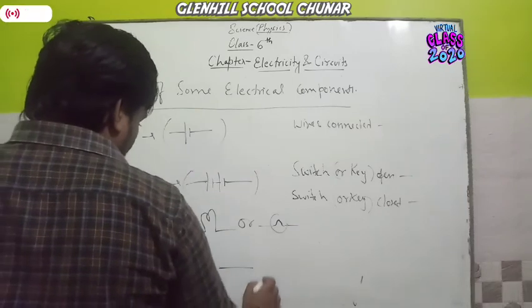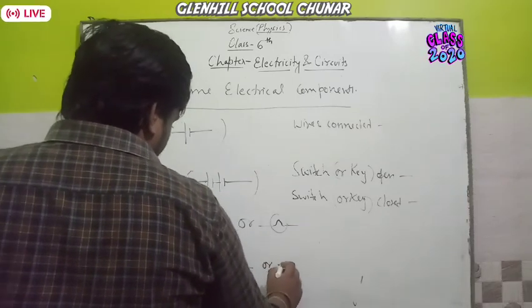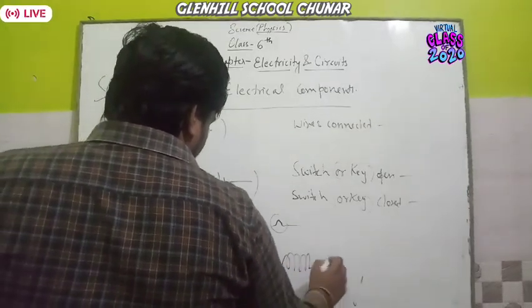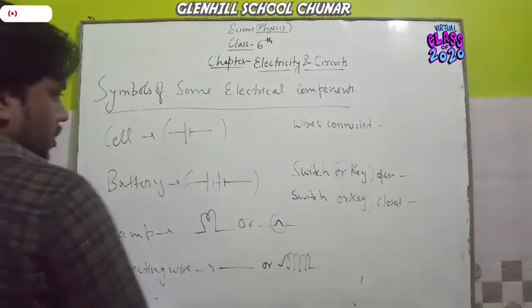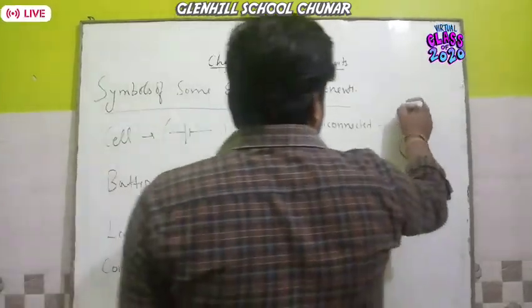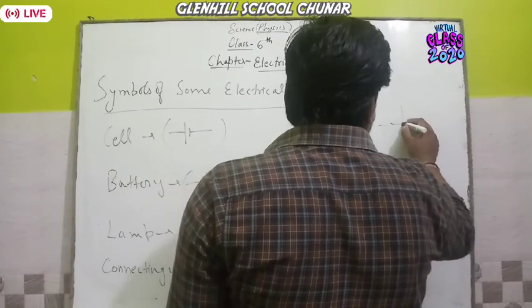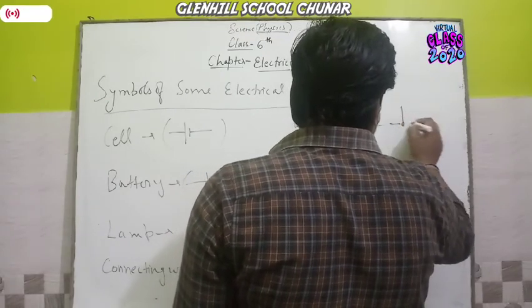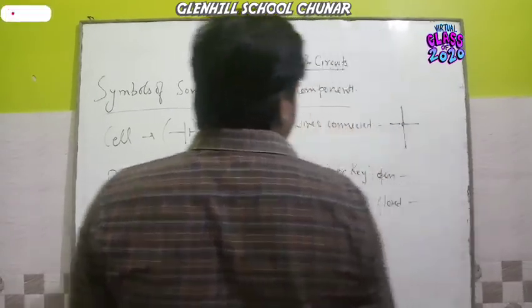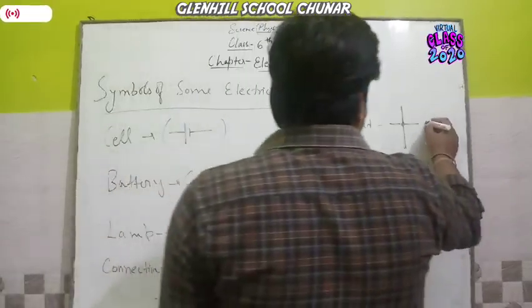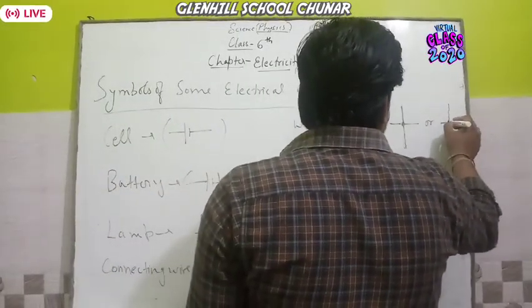This is the connecting wire, or the connecting wire is also denoted like this. Wires connected means there is this type of symbol which shows the connected wires, or like this also.